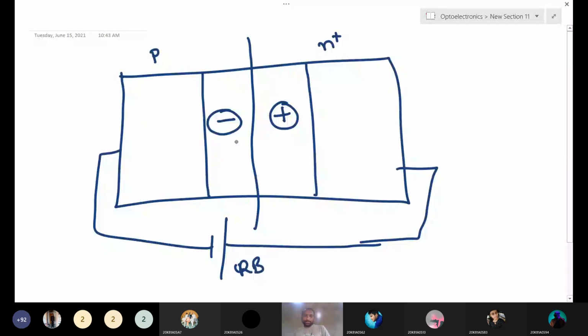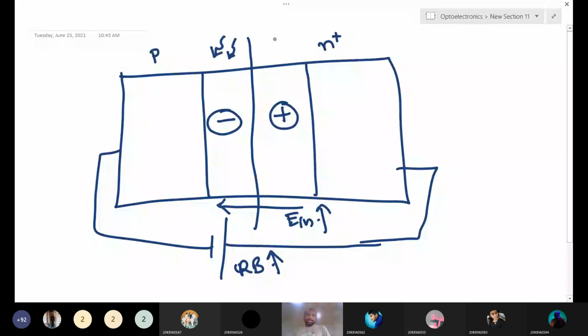Because of the positive and negative charge there is an internal electric field. High reverse bias voltage means a high internal electric field. When the reverse bias is higher, the internal electric field is also larger. We connected the reverse bias. Now our job is to shine light.